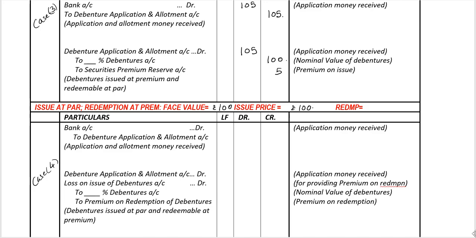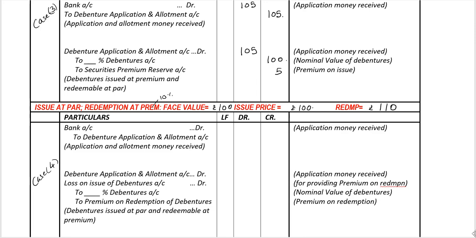However, we will assume that the redemption is at a premium of 10%. So the amount which is payable at the time of redemption is 100 plus another 10 rupees, which comes up to 110 rupees.